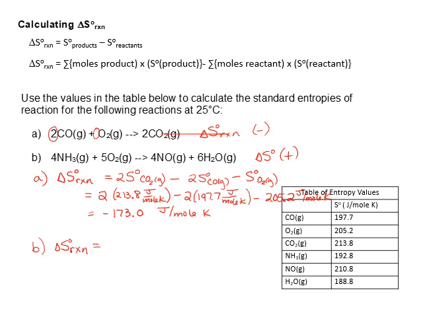Delta S naught reaction should be 4 times the entropy of nitrogen monoxide plus 6 times the entropy of gaseous water minus 4 times the entropy of ammonia minus 5 times the entropy of oxygen.